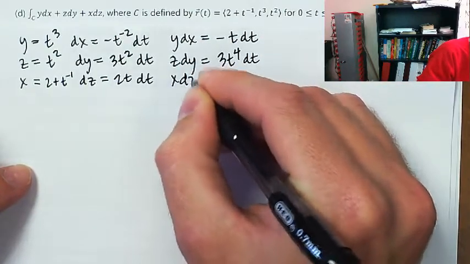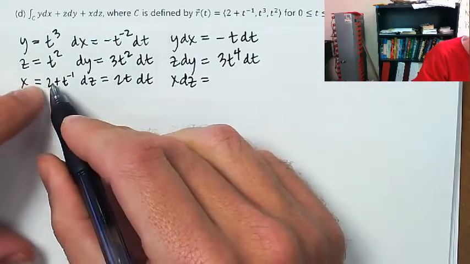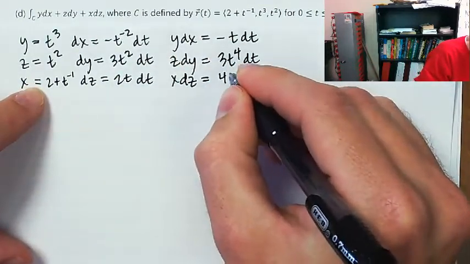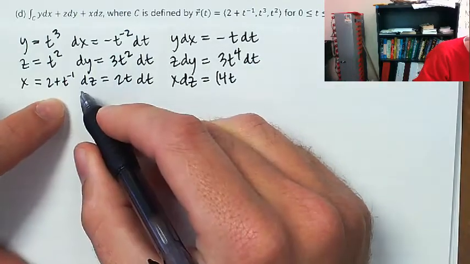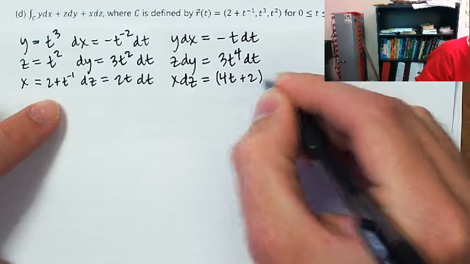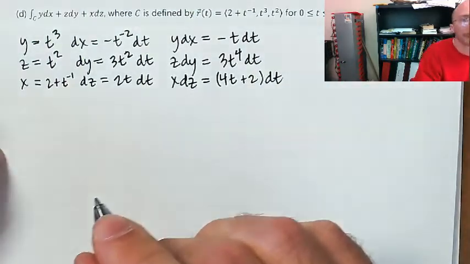And x dz is going to be, okay, if I multiply in that 2t, I'll have 4t plus 2t times t to the negative 1 is just going to be 2. Yep, there we go. There we have it.